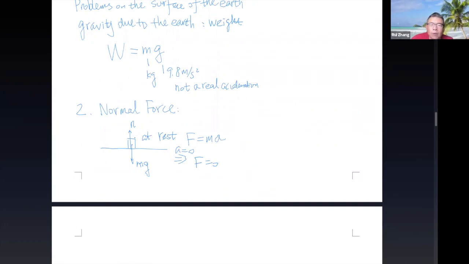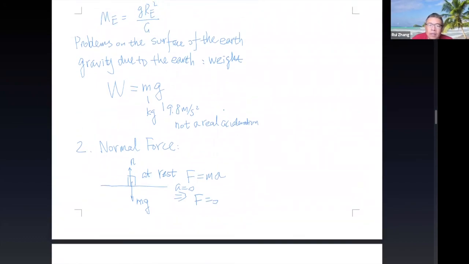What can we say about normal force? Normal force always comes from a surface, and is always directed away from the surface. You don't expect the surface to attract you. It can only repel you, or push you away. So the direction of the force is going away from the surface. The surface is right here. And it's also perpendicular to the surface.